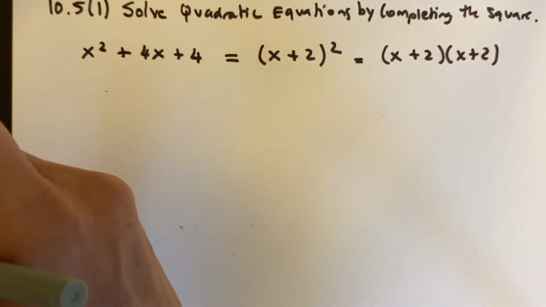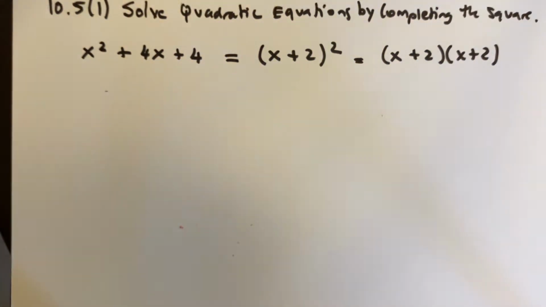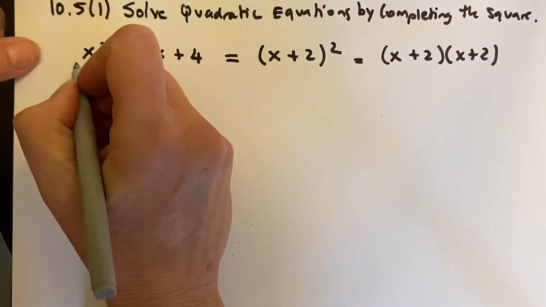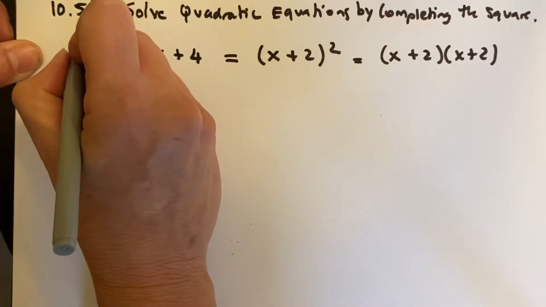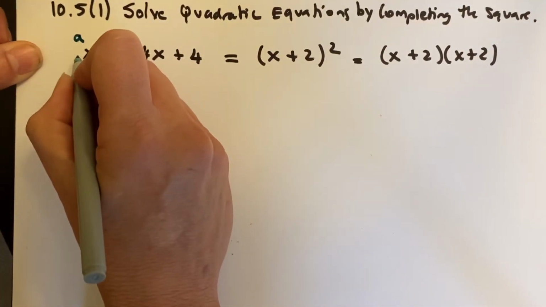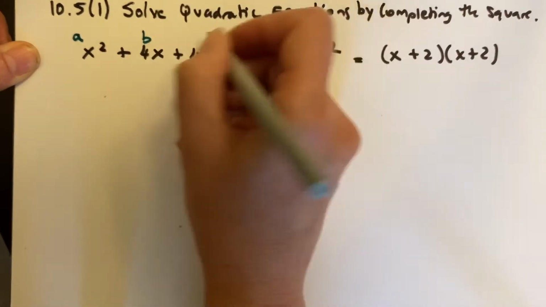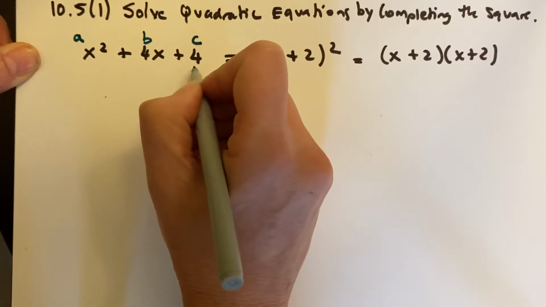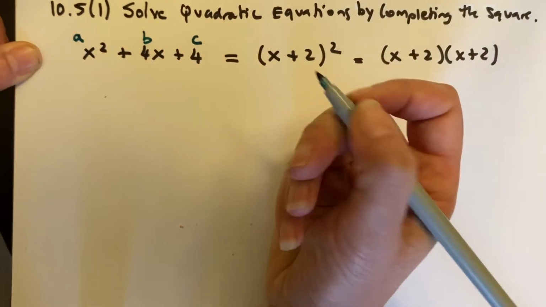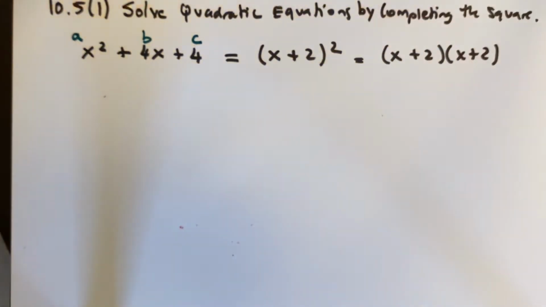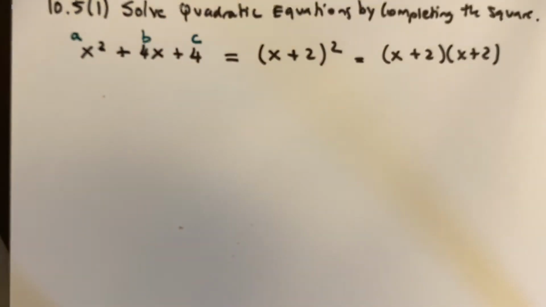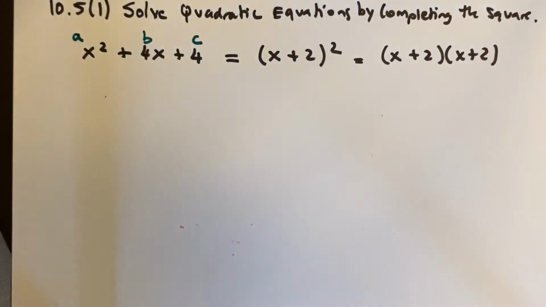So this perfect square trinomial is, if you remember, the a value right here would be 1 in front of the x squared. The b value in front of the x is going to be 4, and the c value here, which is just the numeral, is c. I'm going to show you how you can connect b and c because that's the key to this whole chapter.